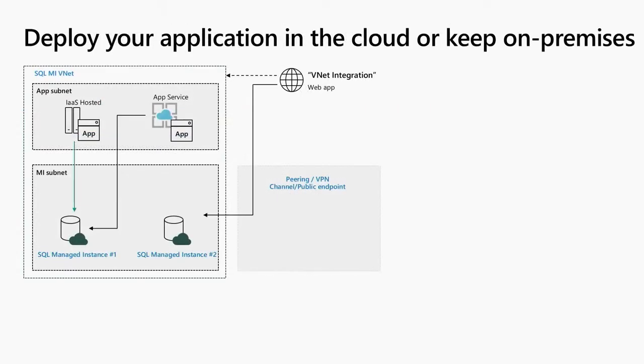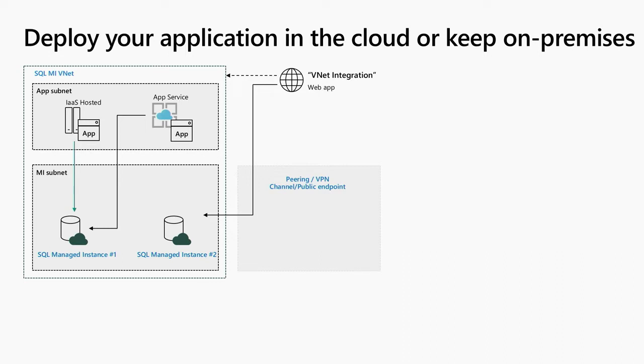So before I show you a demo, I want to quickly show different ways customers can deploy a managed instance. One such example is here, but it's not the only way. Managed instance runs in your own network, as I mentioned. And all the inbound, outbound security for the network is controlled by you as a network administrator of your subscription. And then you can define how applications connect to the managed instance.